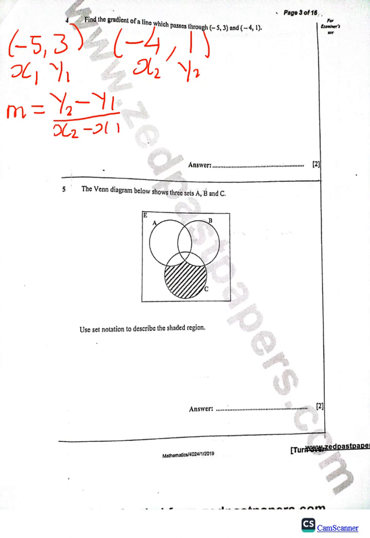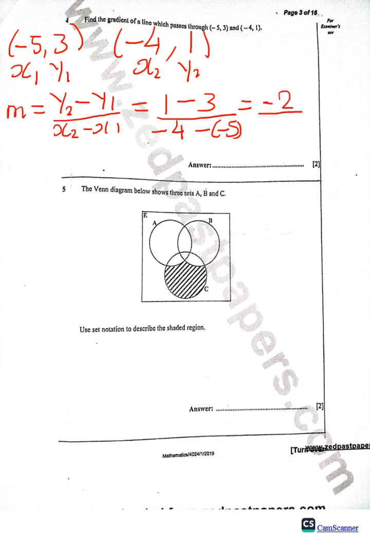So we can now substitute: y2 is 1 minus y1 is 3, over x2 is negative 4 minus x1 is negative 5. So we can now simplify the numerator. 1 minus 3 is negative 2.